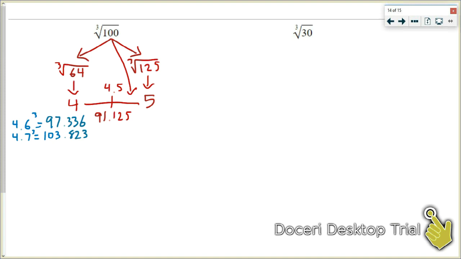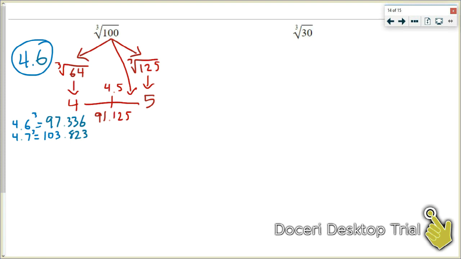But the other one, 4 7/10, gives us 103 and then some extra stuff. So it's really a little bit over 3 away. So in this case, 100 is just a little bit closer to the cube of 4 6/10. So 4 6/10 is our answer. That's what we're going to circle. Okay. And now we're done.